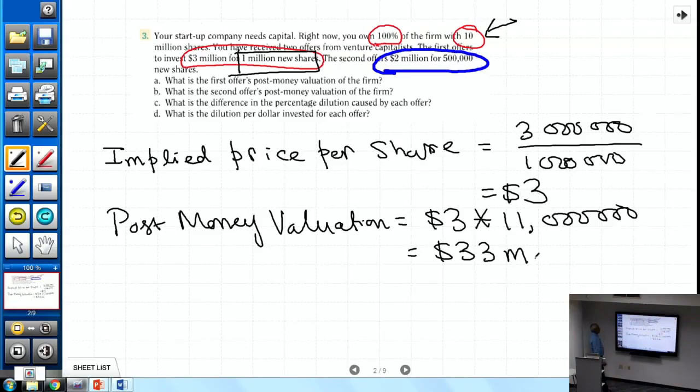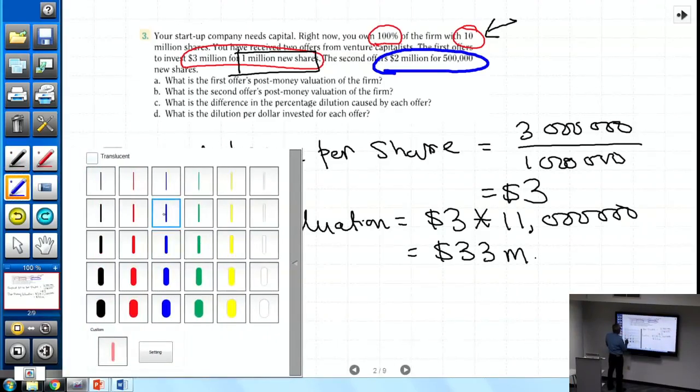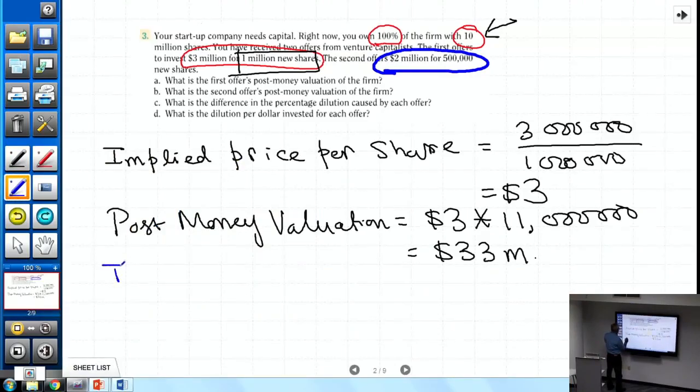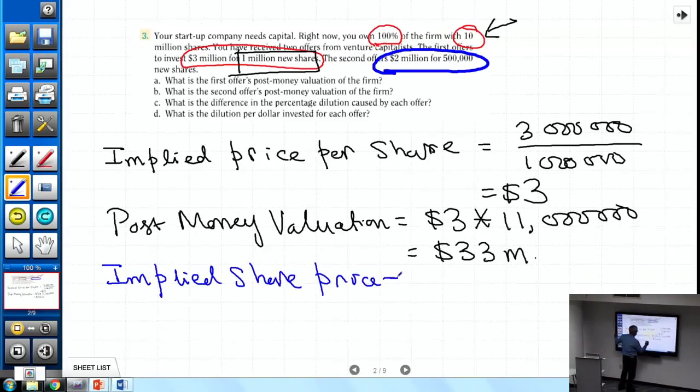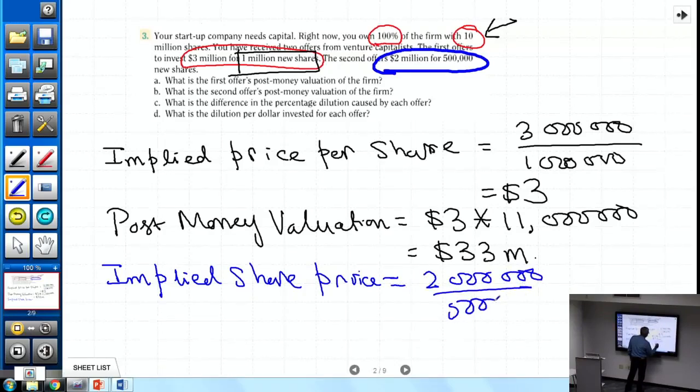And similarly, you can calculate the second offer's post-money valuation. Second offer's post-money valuation would be, again, implied share price: 2 million divided by 500,000. That gives us $4 per share.